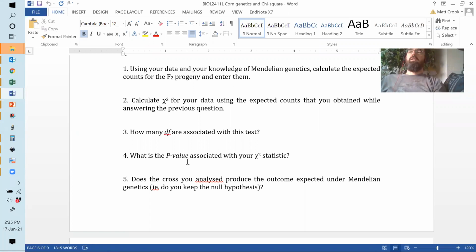So hopefully it'll all go smoothly, that's the hope. But even if you get some weird and wacky data that don't really match your expectations, as long as you do the chi-square properly, you get a value which looks like it should be about right, put the correct degrees of freedom down, and then put down the matching p-value for that chi-square value and degrees of freedom, you get that question right.